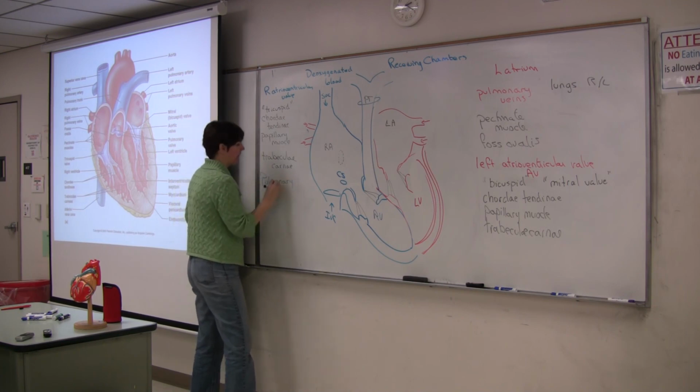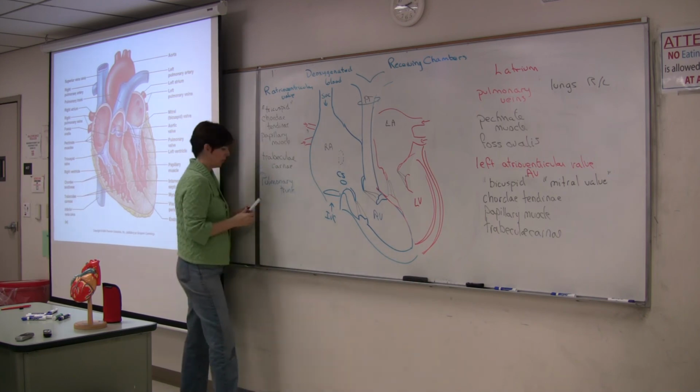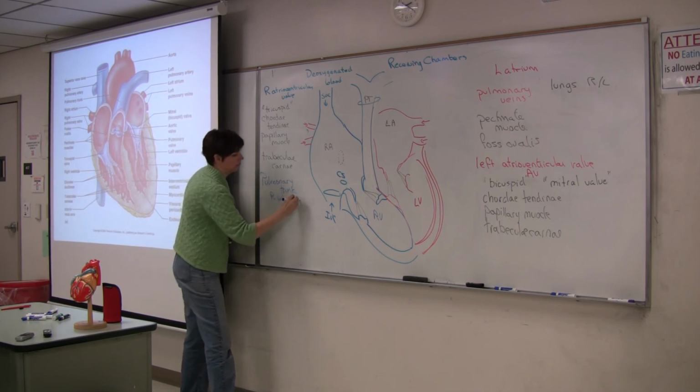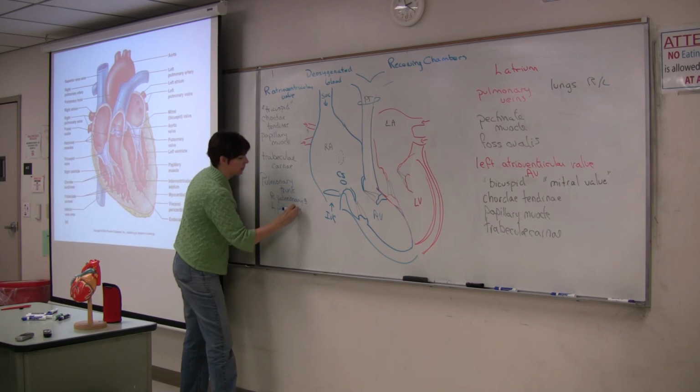And it's going to divide and give off two vessels. One's going to go to the right lung, so we have a right pulmonary artery. And one's going to go to the left lung, so we have a left pulmonary artery.